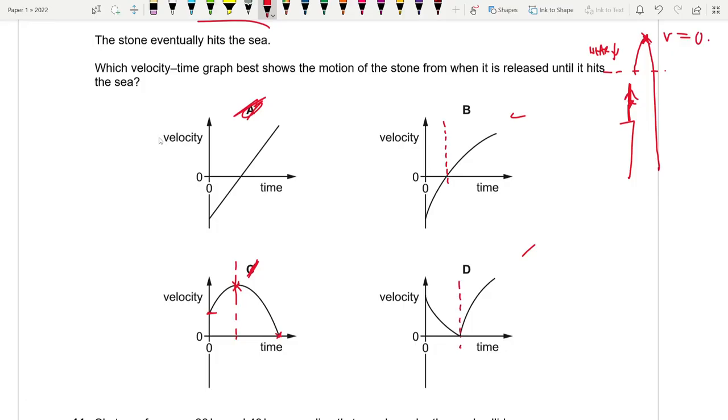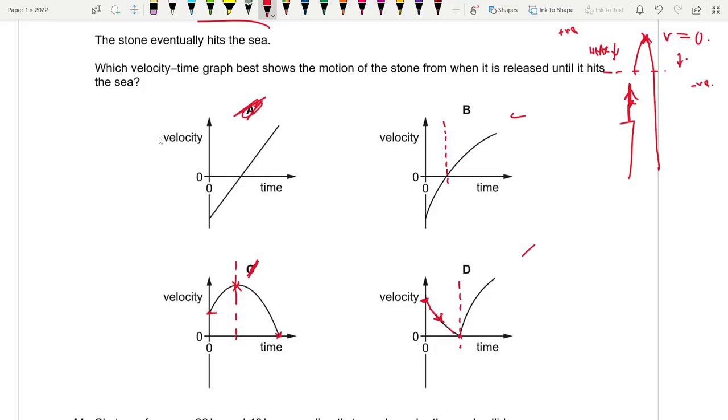So why not D? Why am I going to exclude D? Look at this. At first we are going up. Going up might be a positive velocity. It is a positive velocity here. So we are going up, going up, and we are decelerating. At one point we reach 0 velocity, and then we're supposed to go down. Since I've assumed that going up is a positive velocity, going down must be a negative velocity.